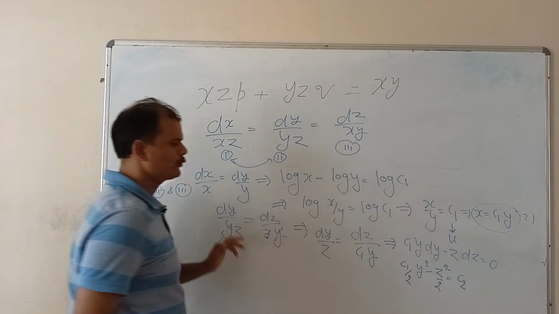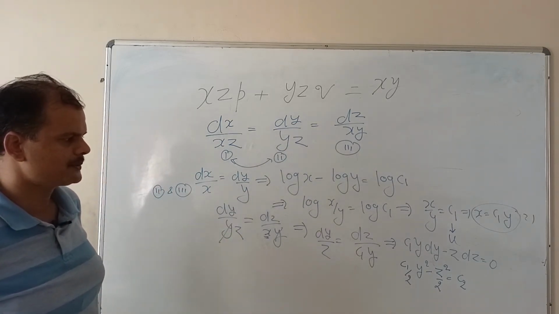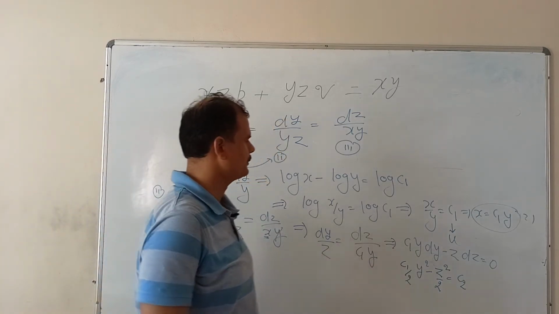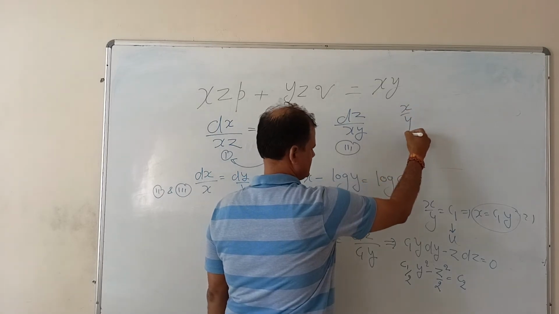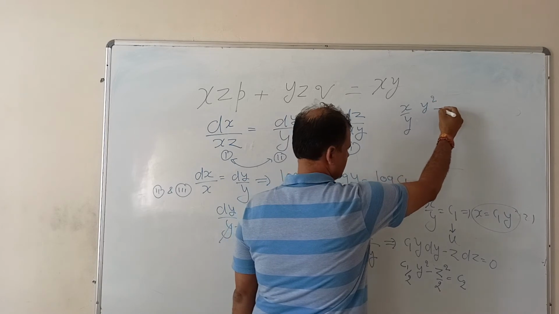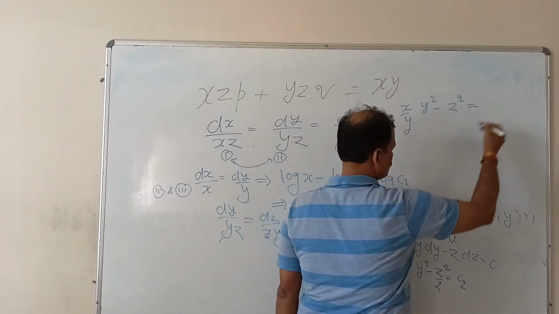Now C2 equal to V, but V should be a function of x, y, z, not in terms of C1. So C1 again can be replaced by x by y. Fine. So I am writing here x by y square minus z square equal to 2C2.